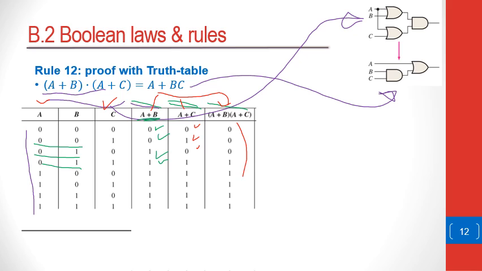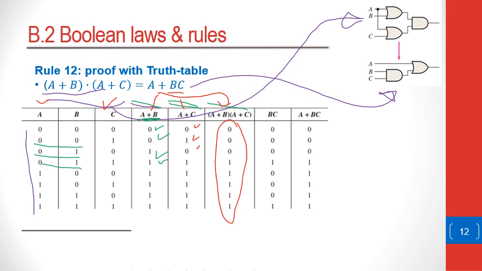Then we can fill in this row. Then we move on to look at the right-hand side. There we can first create this combination B and C. So we look at B and C, and we'll see that B and C is going to be 1 here, where you have B and C both being high, and here only where you have B and C both being high, otherwise it's 0.